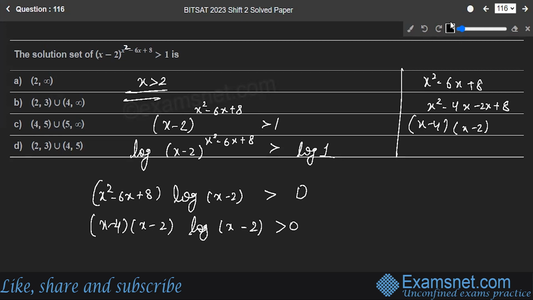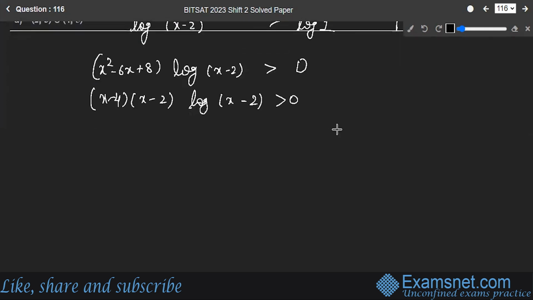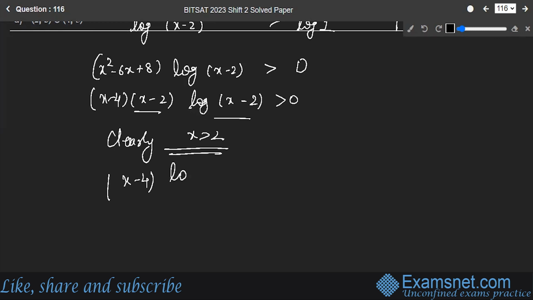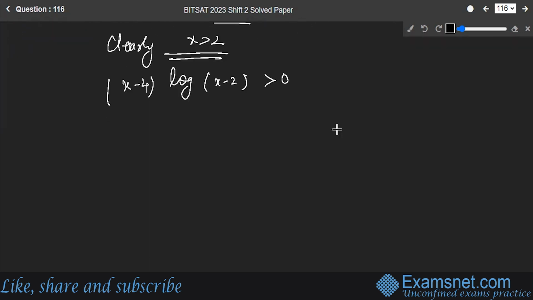So from here you have clearly x is greater than 2, because these two things can be negative. The product of these two things, (x minus 4) and log(x minus 2), should also be greater than 0.